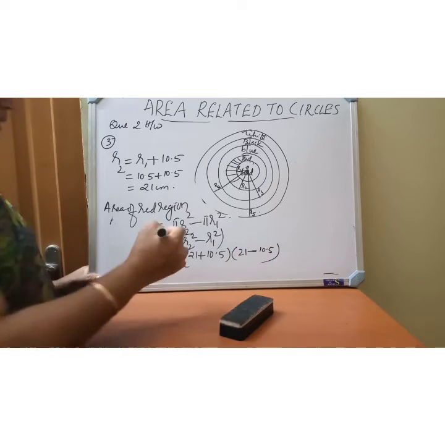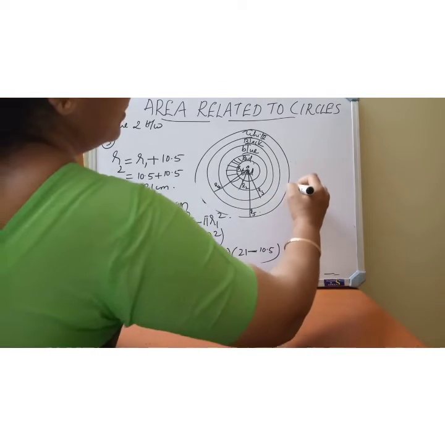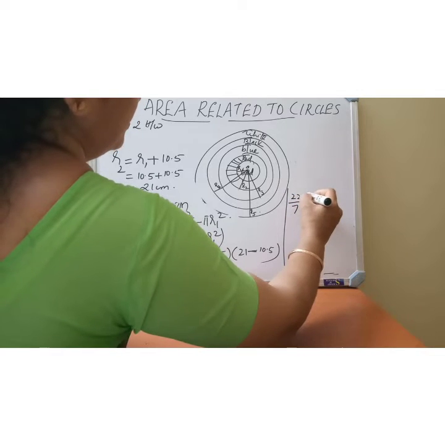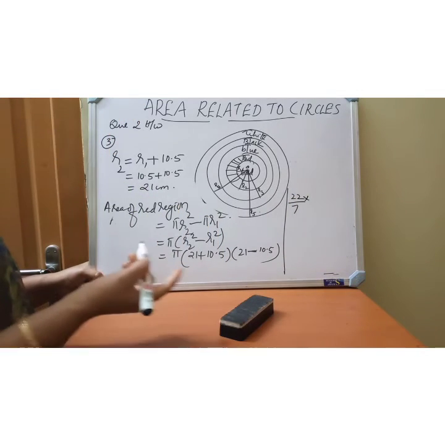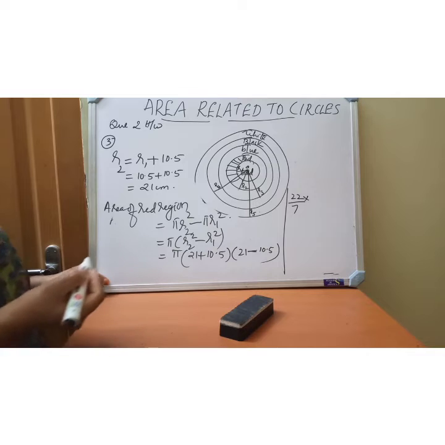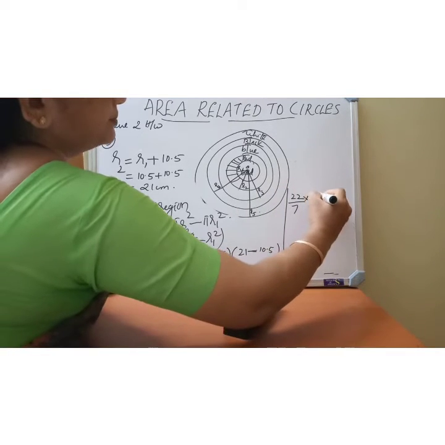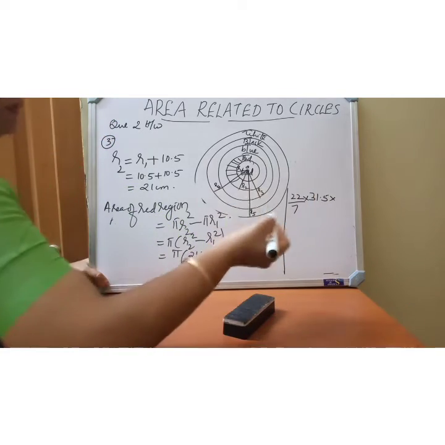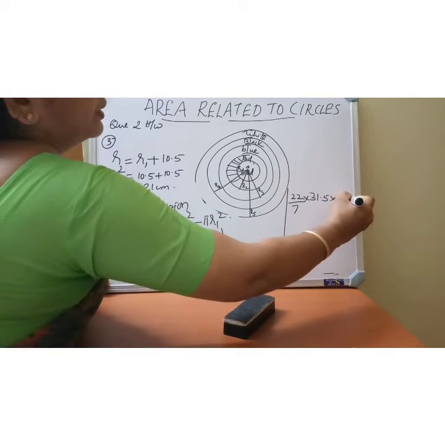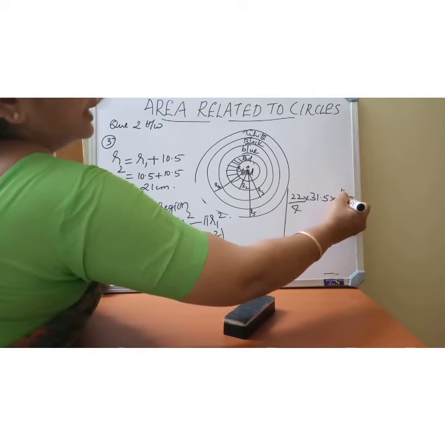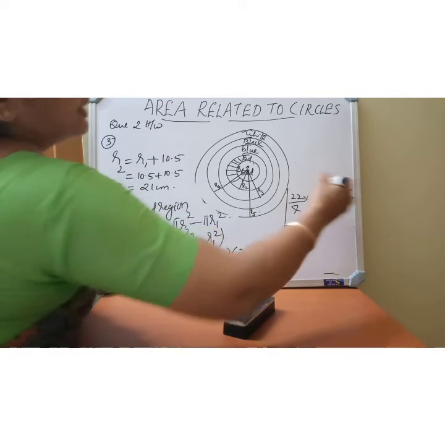Okay. Pi value substitute, children. So we will get 22 by 7 into 21 plus 10.5, 31.5. Isn't it? 31.5 into 21 minus 10.5, 10.5. So 7 and 10.5 we can cancel. 1 7 is 7, balance 3, 35. 5 7s are 35.